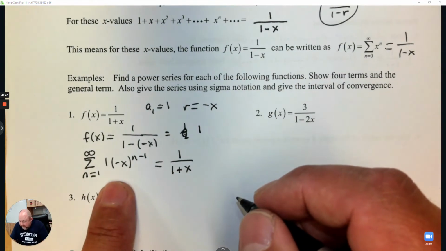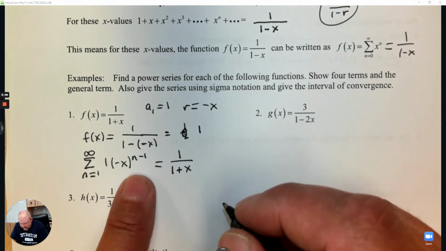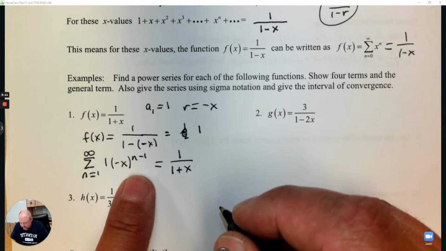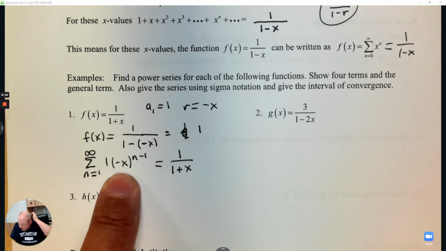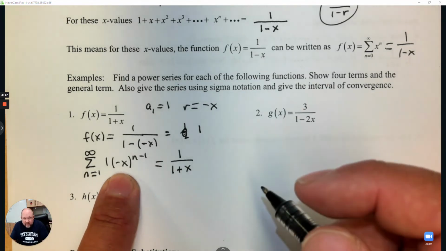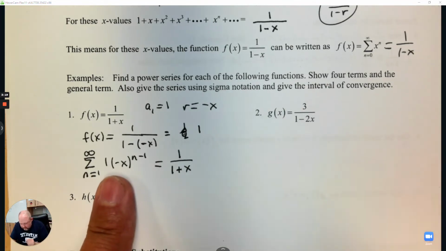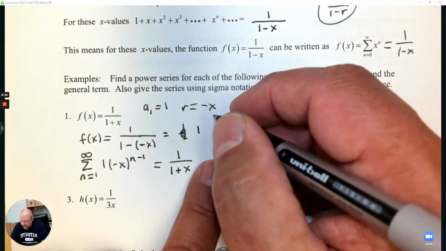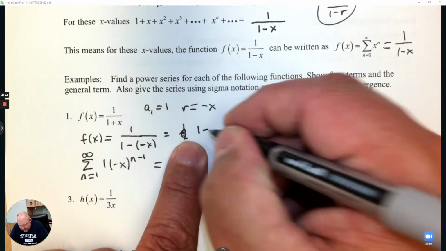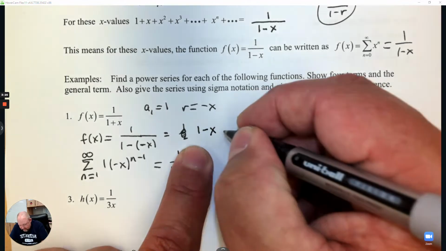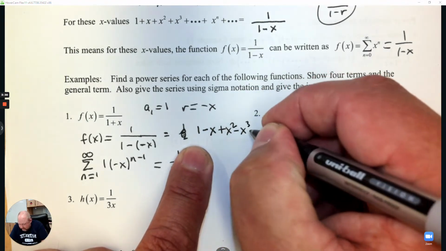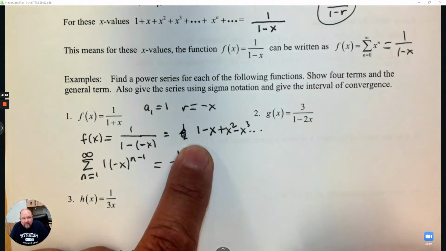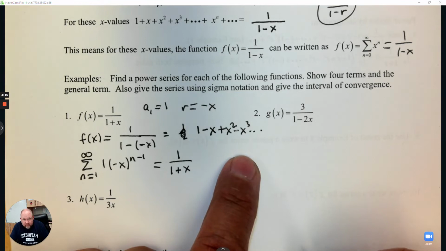And then if we have -x to the n minus 1, if I plug in 1 or 2 or 3, it's going to alternate whether it's negative or positive. So it starts with 1, then the next one's going to be negative, because an odd exponent would make it negative. Then the next one will be positive, then the next one will be negative, and so on as it keeps going. So those are the 4 terms.